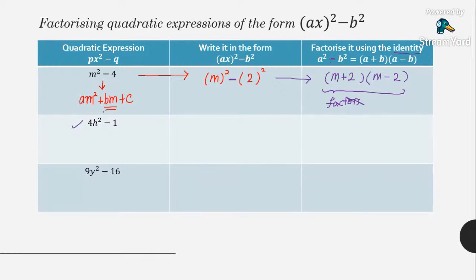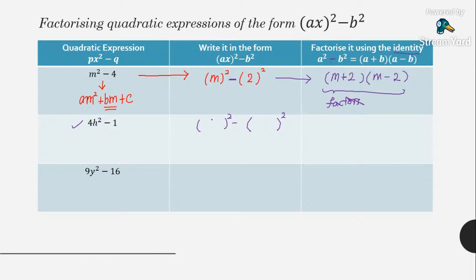Second example. So same thing, we will write it in bracket square, bracket square. So here you can see the difference is I have a 4 here. Just now it was 1. So basically I can just ignore it. I will just write it as m squared. But when you have a 4 here, means you have to think of the numbers where you square it, you get 4.